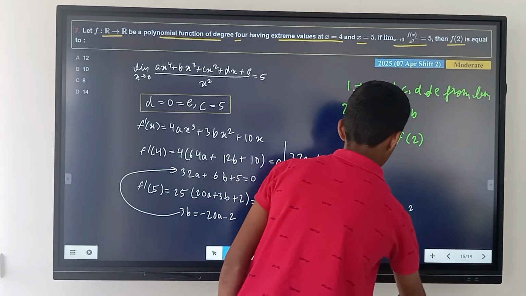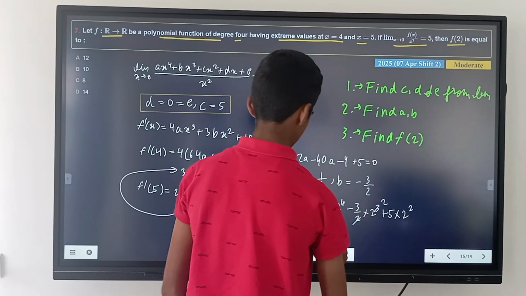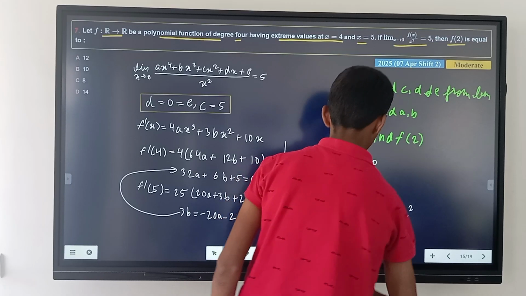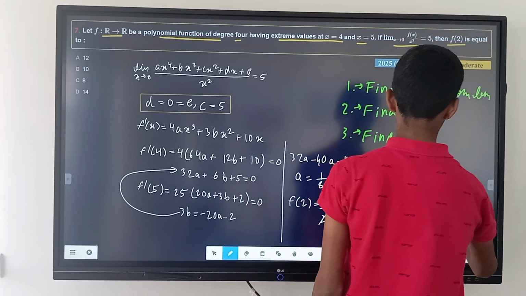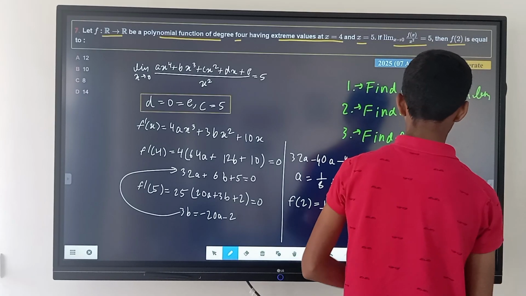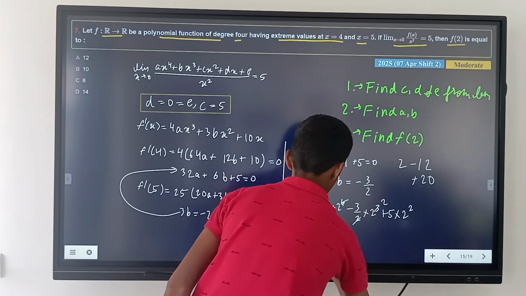From here, 8 is 2 cubed, so this will cancel. We will get 2 minus 12 plus 20. Our f of 2 is equal to 10.